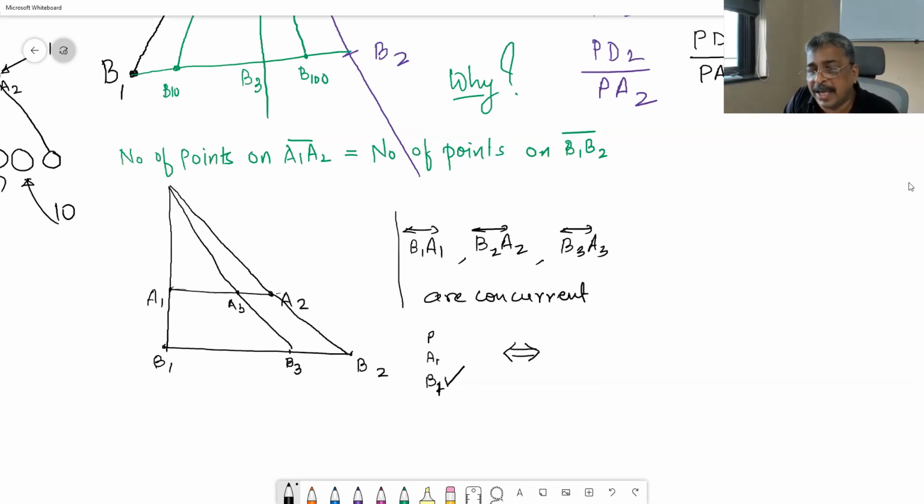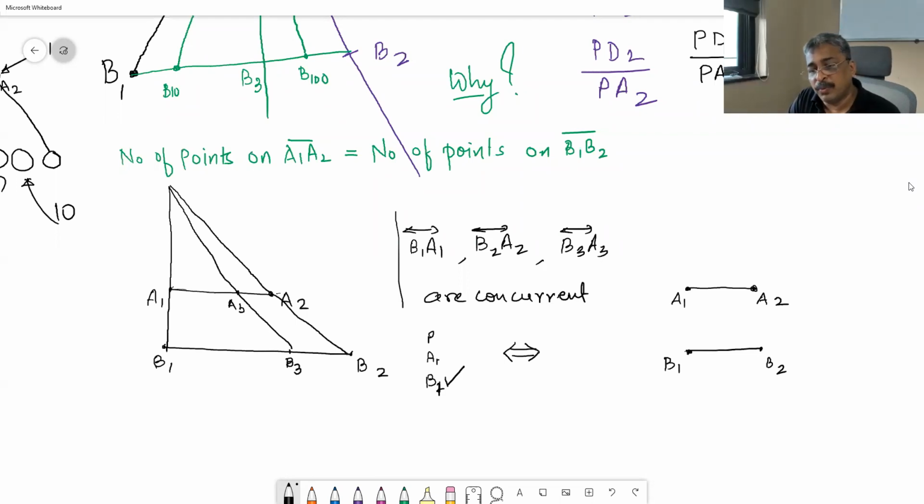Now let us take a special case here. A1, A2 is the pre-image and B1, B2 is the image, and they are of exactly the same length and parallel to each other. This is the second limiting case.